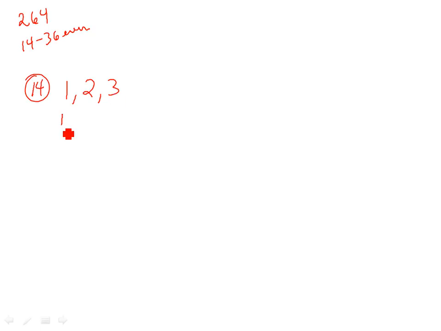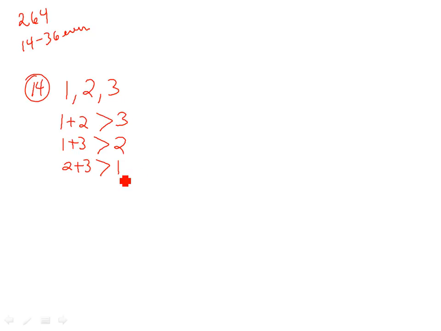What you need to do here, and you probably won't have to do every single one of these, but you match up the sides. Any two of them should add up to equal more than the third side. 2 plus 3, is that greater than 1?